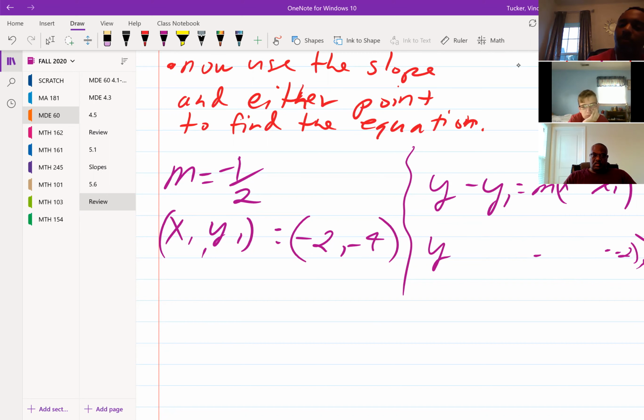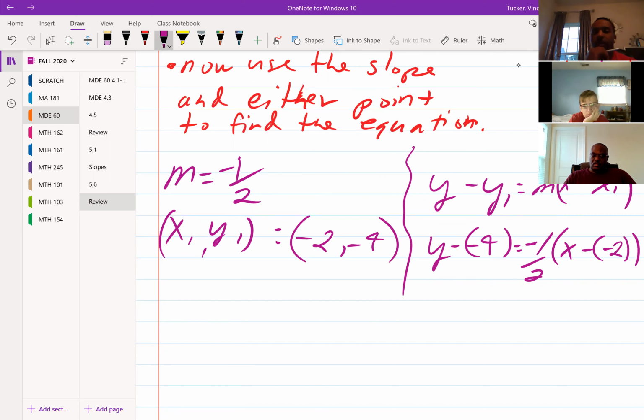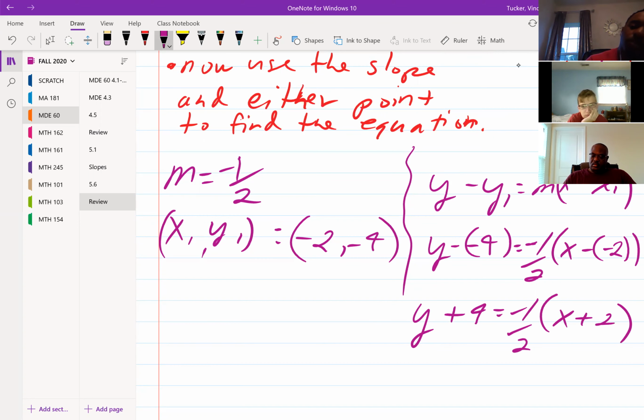Let me make more room. All right, so we have y minus -4 equal to -1/2 times x minus -2. So y plus 4 equals -1/2 times x plus 2.